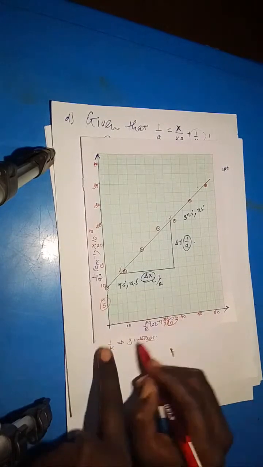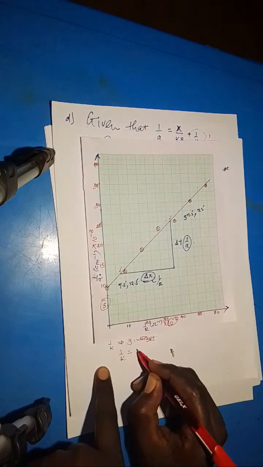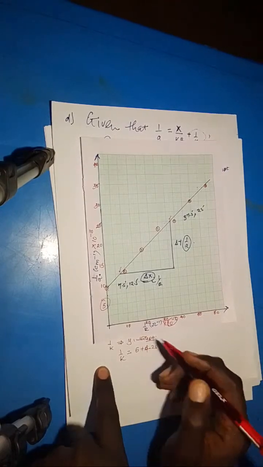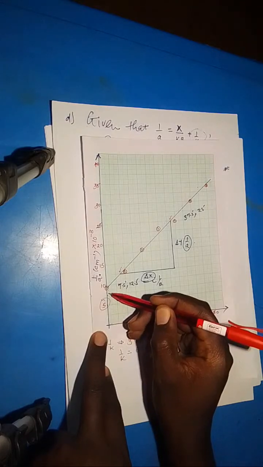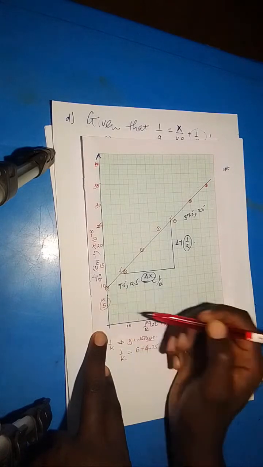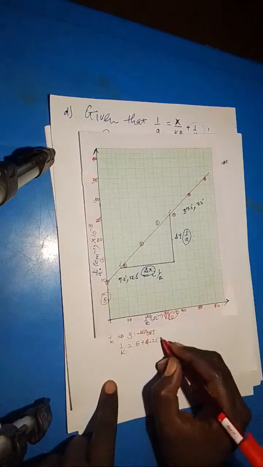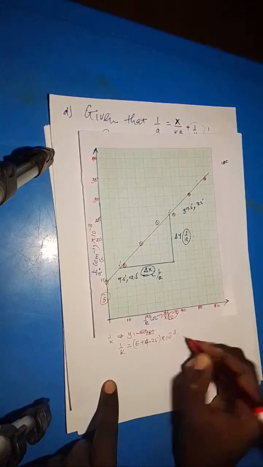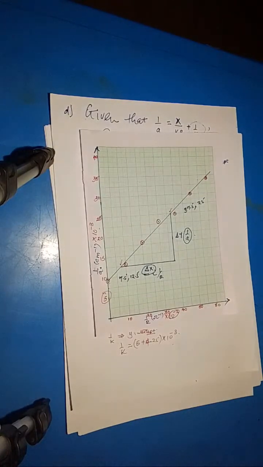So 1 over k is giving me 5 plus 4.25. But don't forget, it is times 10 raised to power negative 3.